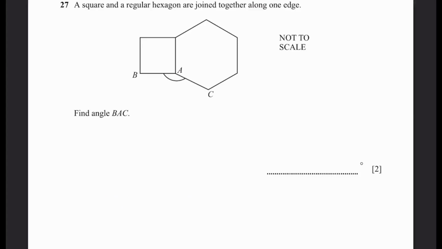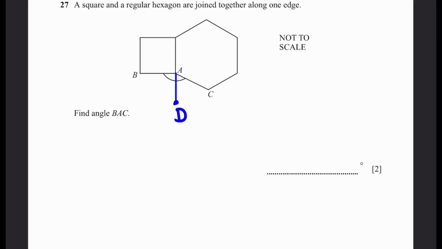A square and a regular hexagon are joined together along one edge. Find the angle BAC. So let's divide angle BAC into 2 parts using this line and label the point over here as D. First, we need to find the interior angle of this hexagon. It's a regular hexagon as well. And that'll be the sum of the interior angles divided by 6, because a hexagon has 6 sides.